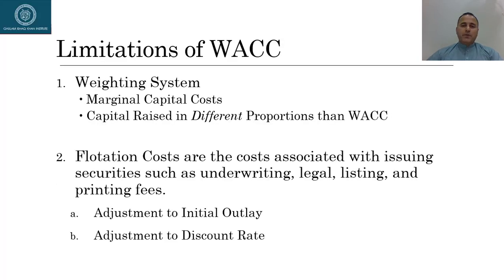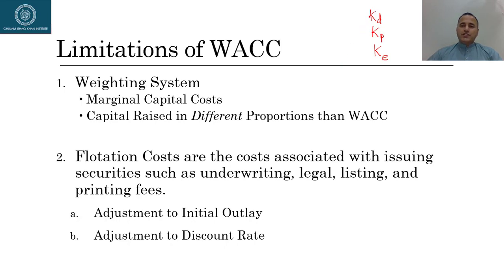If you remember from my previous lectures, we started with evaluating cost of debt. Then we moved on and calculated cost of preferred stock. And then we used different techniques, for example, dividend discount model and some other methods, and calculated cost of equity.